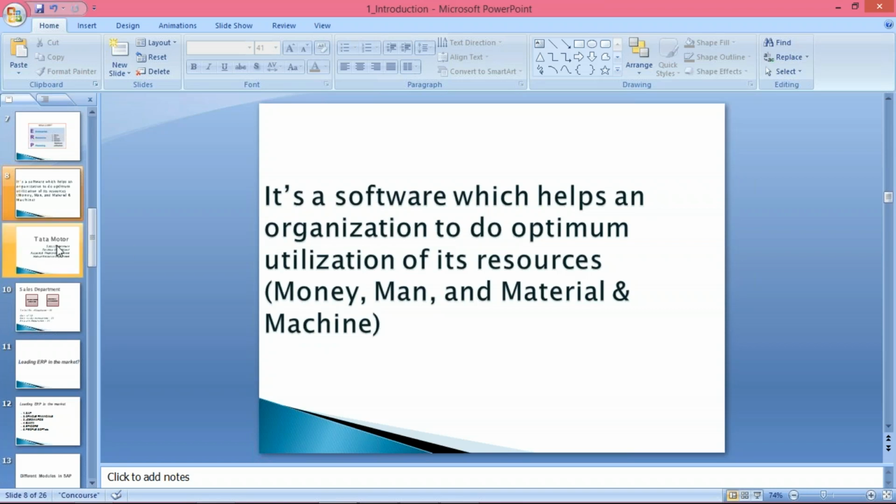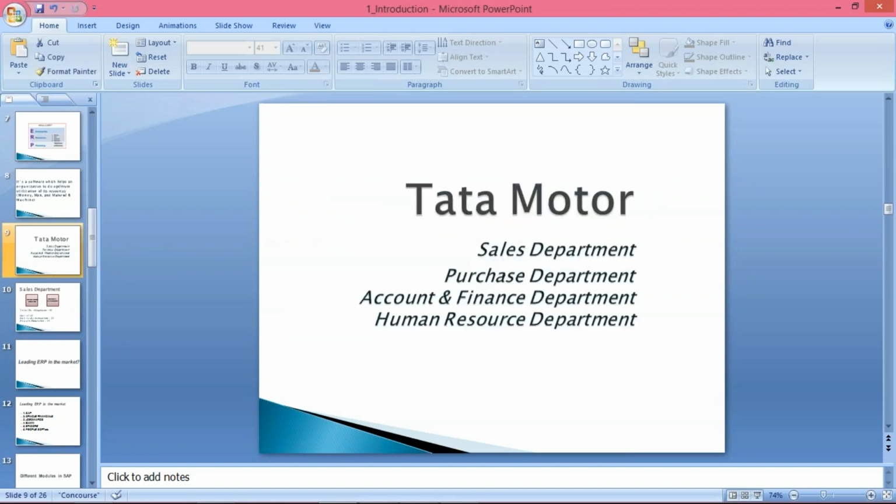I'll give one more very easy example, of a manufacturing organization. Let's suppose there are several manufacturing organizations, and I'm just quoting the example of Tata Motors. Whichever organizations there are, at a broader level every organization will have at least four departments.